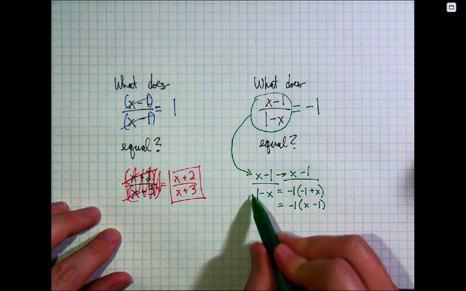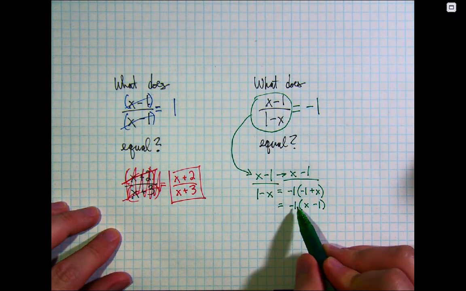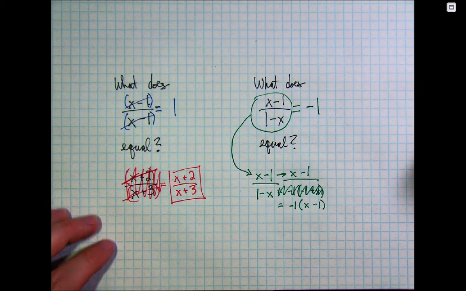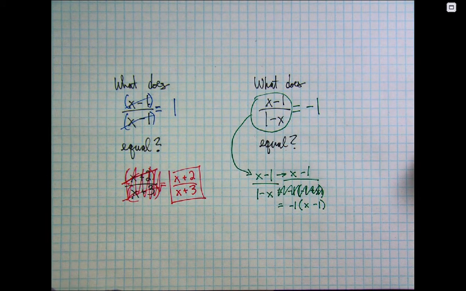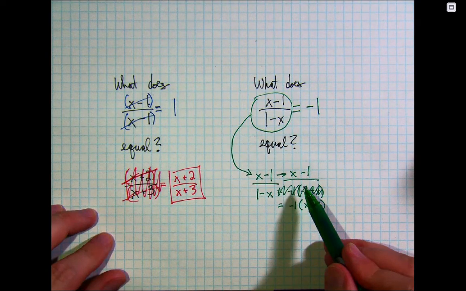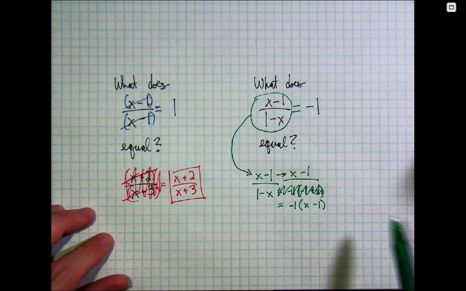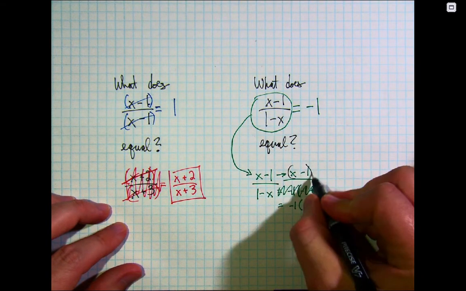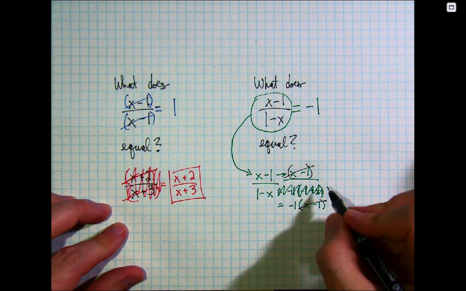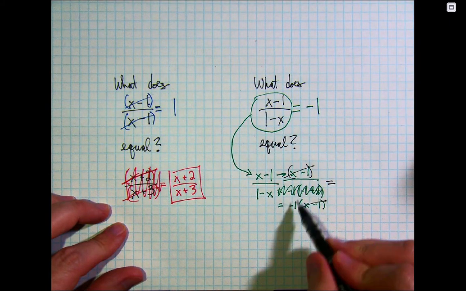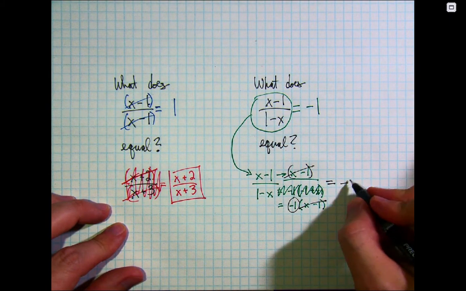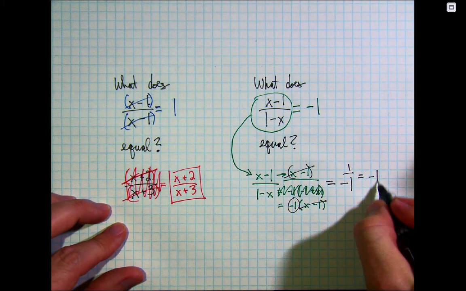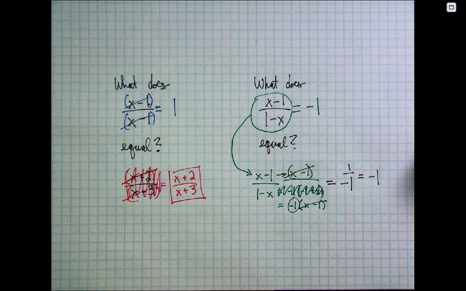But on the bottom, I was able to rewrite this binomial as this binomial here eventually. And now I have an x minus 1 and an x minus 1, and guess what happens? This x minus 1 cancels with this x minus 1, and what am I left with? It would be 1 over -1, but that's -1, isn't it?